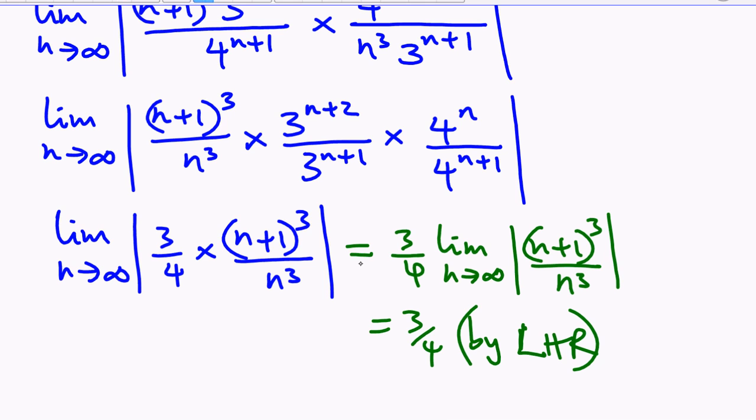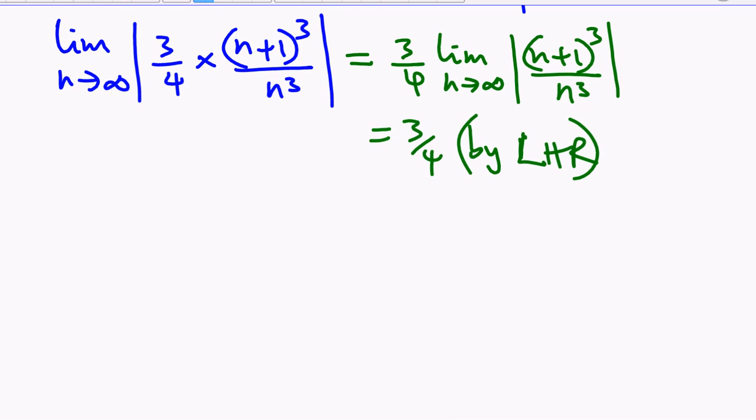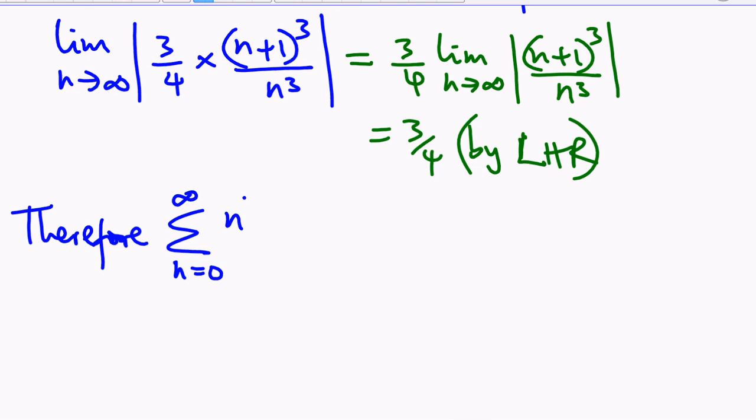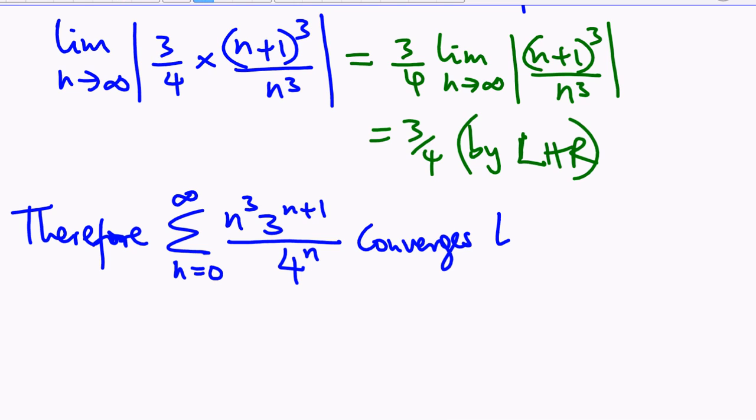The fact that our limit is less than 1 means that our series converges by ratio test. Therefore, our series converges by ratio test.